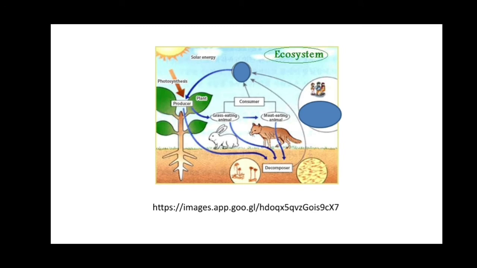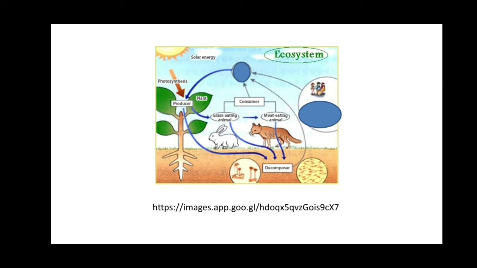Here you can see how an ecosystem operates: the interaction of living and non-living components. The sun gives solar energy. The producers, the plants, photosynthesize and convert radiant energy into chemical energy, that is carbohydrate, in the form of food that increases the biomass. On the producers, different types of organisms depend, like herbivores.